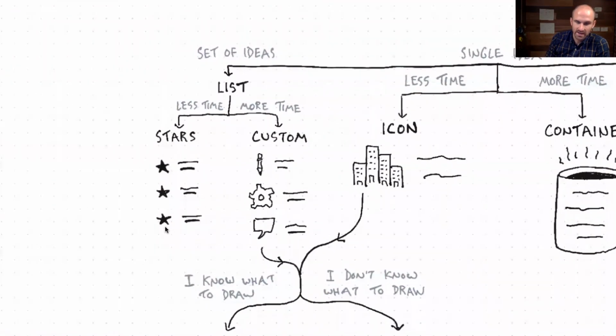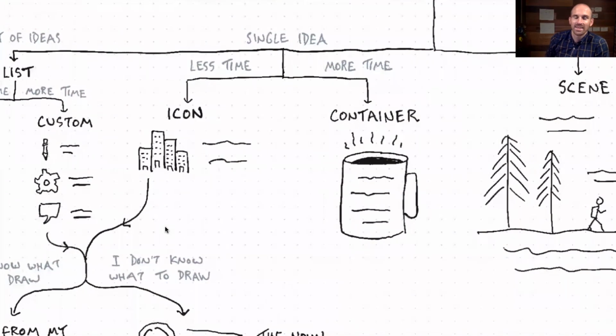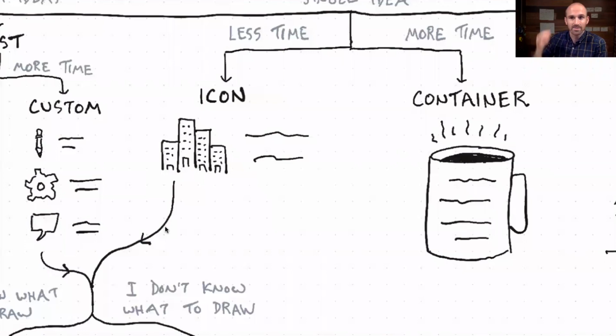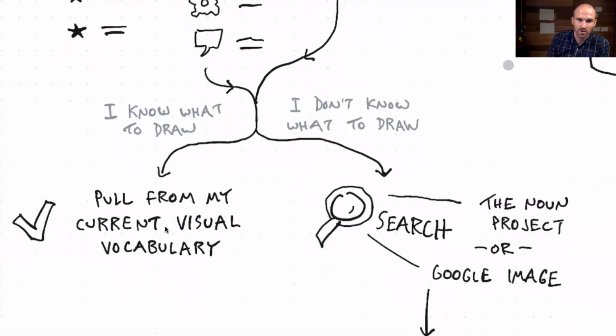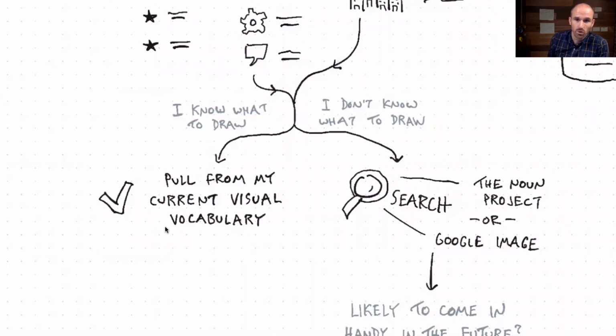If it's not a set of ideas, but a single idea, again, I did this less time versus more time breakdown, depending on how much time I have available or how much time I want to use. If there's less time, I'll just go with an icon next to the text that I've decided to include. And again, that similar breakdown occurs based on the type of visual I'd like to draw and whether I already know how to draw it.